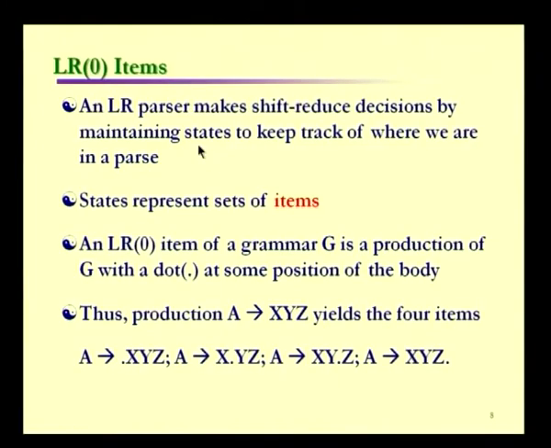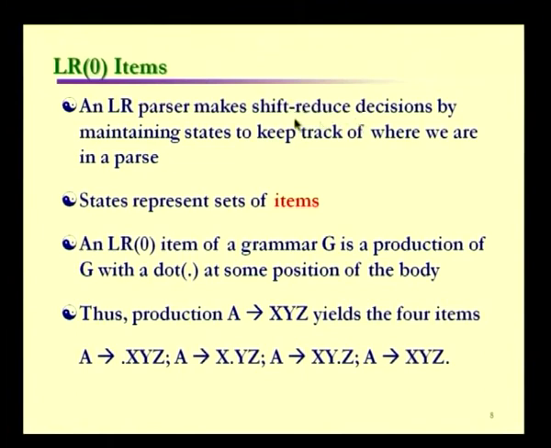We will mark the state of the parsing by introducing a dot, and the dot will tell you how much of a production has been processed so far. If you introduce a dot into the production, we call that item an LR(0) item. The LR(0) items are actually used by the LR parser to decide whether to continue with a shift action or a reduce action.